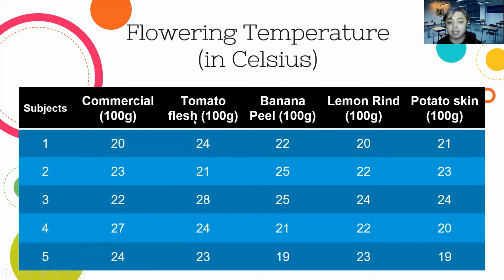So it means that it is 4 degrees Celsius higher than the commercial. For banana peel, it's 22. It means it is 2 degrees Celsius higher than the commercial. For lemon rind, they are equal because they are both 20. For potato skin, it is 1 degree Celsius higher than a plant which uses commercial fertilizer.